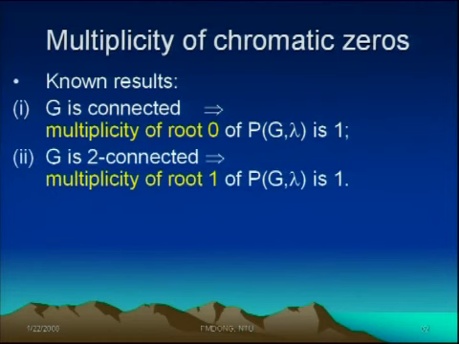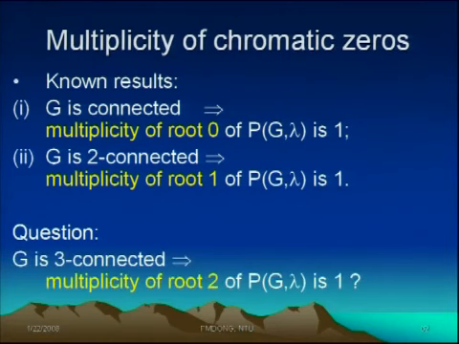If G is 2-connected, the multiplicity of root 1 is always 1 also. So it's very natural to ask the question: if G is 3-connected, whether the multiplicity of root 2 is 1 or not. So this graph is just a counterexample to answer this question, meaning there must be some 3-connected graph where the multiplicity of root 2 can be bigger than 1. Okay, that's all.